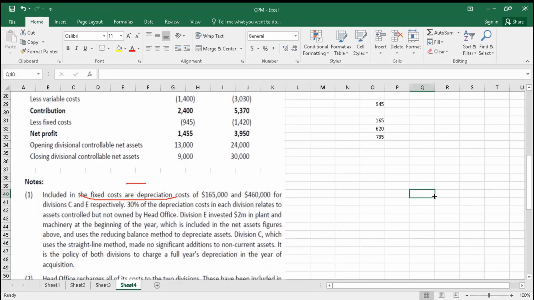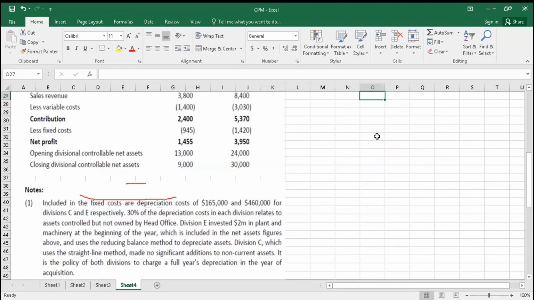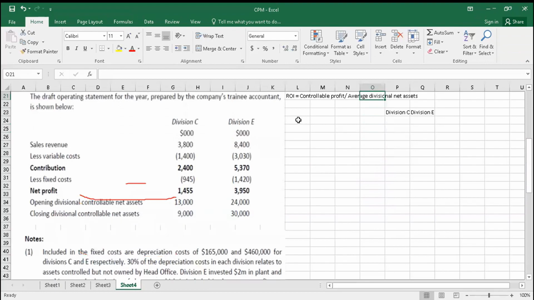Whatever is not required is added back or adjusted. Whatever was deducted which is not supposed to be deducted is added back, and whatever was added which is not supposed to be added is deducted. So that is one way of doing that. We'll follow the second method because these amounts and the amount given in the income statement do not match with each other. So we'll start with the net profit.